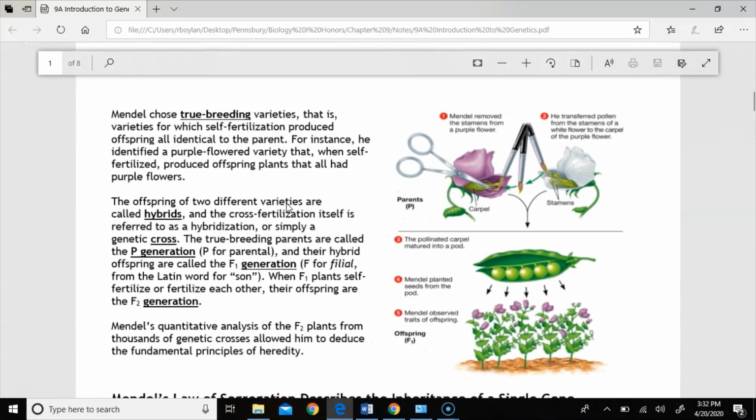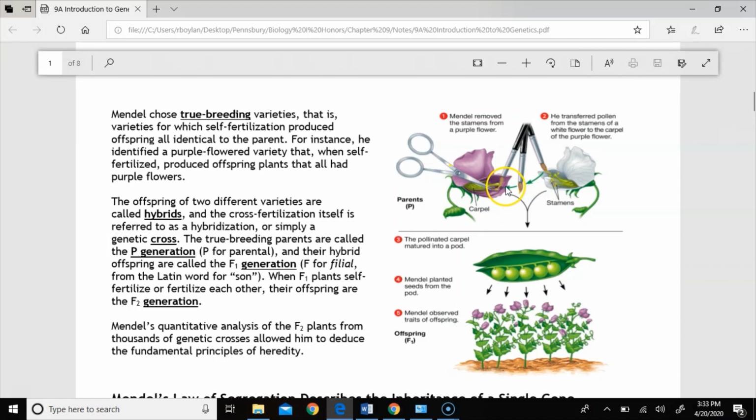And what Mendel did was he said, well, if I'm going to control mating in a controlled experiment, I'm going to have to make sure I know who mates with who. How he did that is he took a scissors and he cut off the male parts. By removing the male parts, you know that a plant isn't going to be able to self-pollinate with those pollen seeds, those sperm cells.